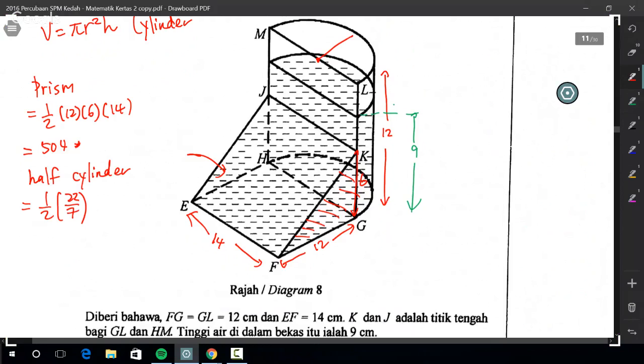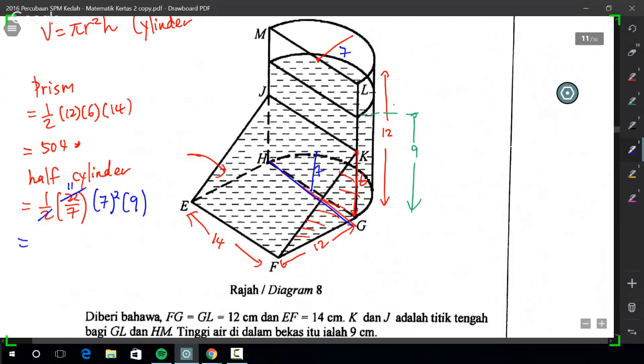Here is 14, which will be the diameter of the circle. I hope you see that. 14 is the diameter here, so the radius will be 7. Height will be 9, it's given. So I just solve this one.